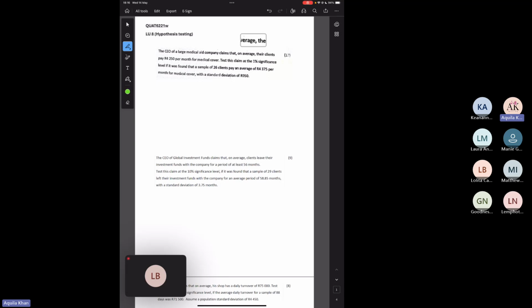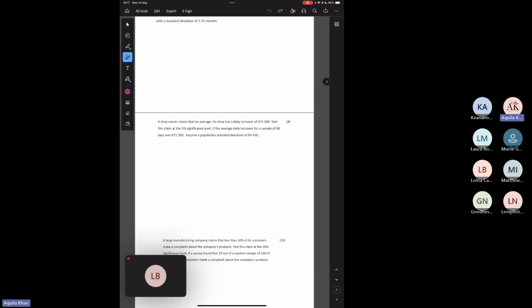In the first part of the first example, if you look at this part that I'm putting a square around, that sentence said on average. And even the example at the bottom, the first sentence says on average. So that's your key to identifying that I'm working with a mean and not a proportion.